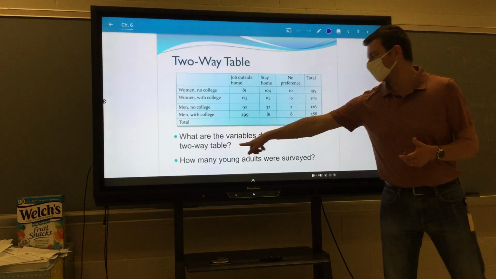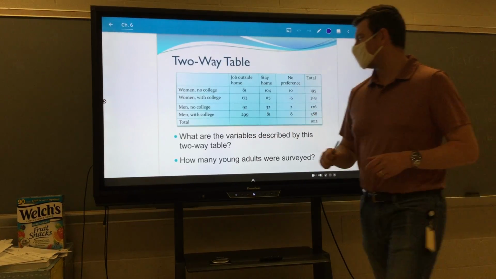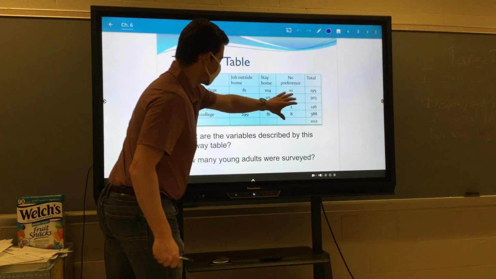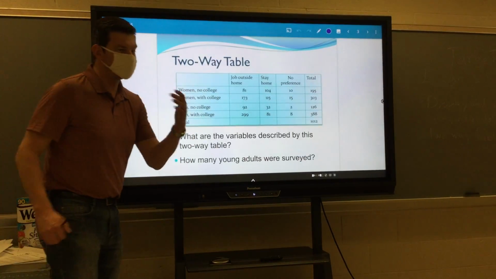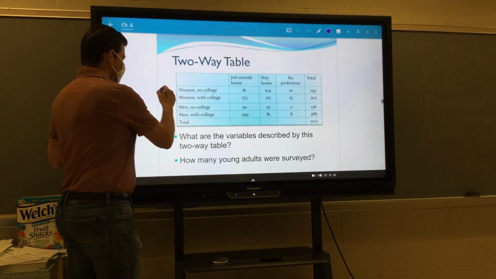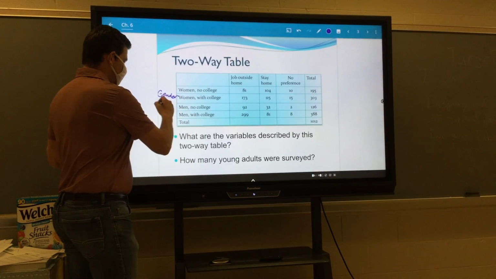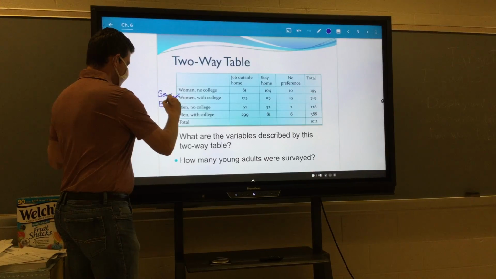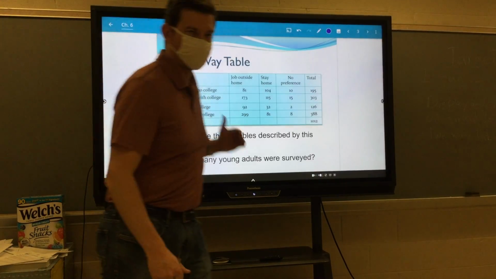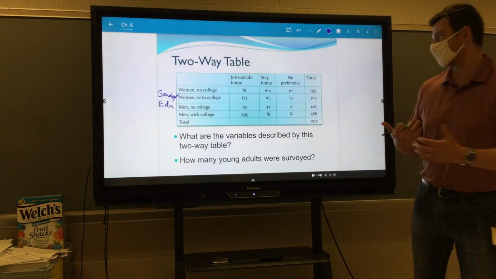So what are the variables described by this two-way table? Well, going horizontally with the rows, we actually have two variables. We have gender and we have education: no college or some college experience.